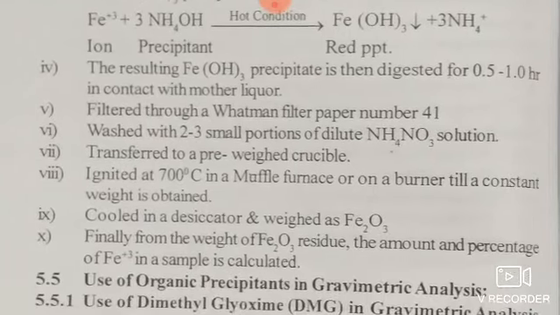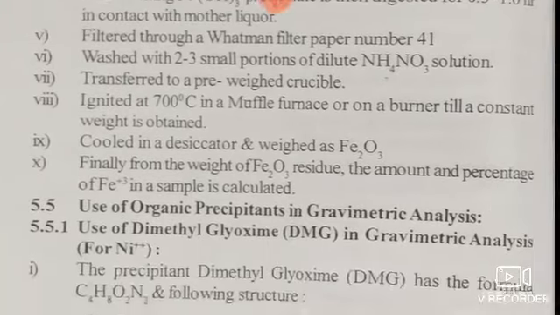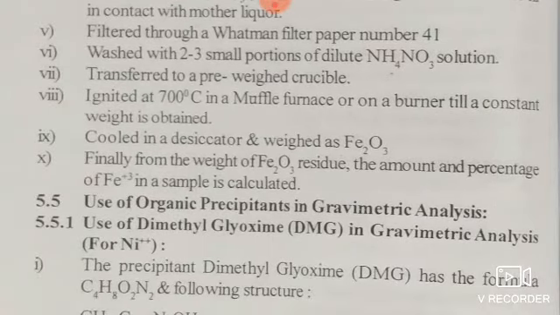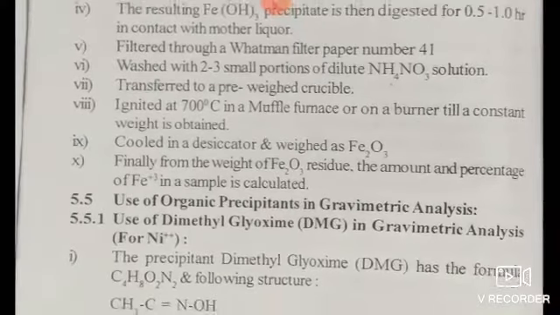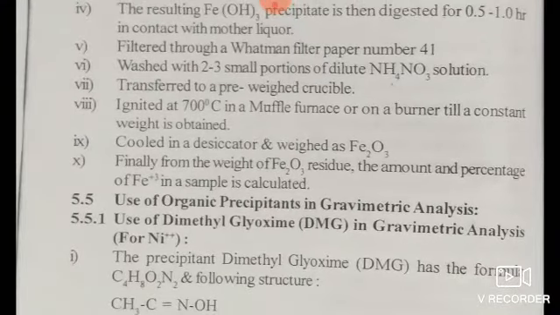Finally, from the weight of the Fe2O3 residue, the percentage of the Fe+3 ion in the sample is calculated. So this is the procedure for the use of ammonium hydroxide for the estimation of ferric ion by precipitation.